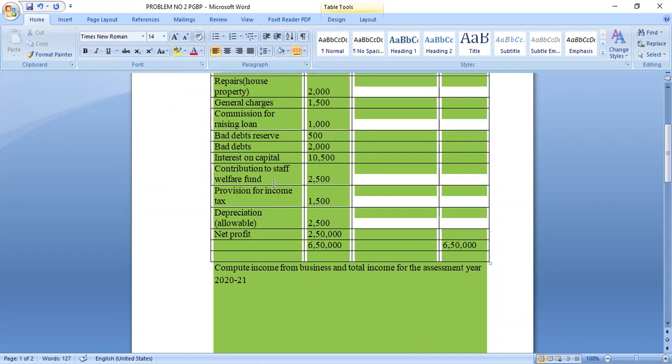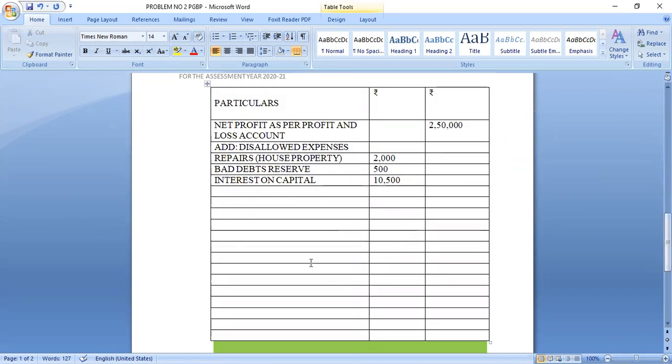Next, provision for income tax. I told you provisions are not allowed. All provisions are not allowed, meaning anticipated ones. So we'll take provision for income tax.